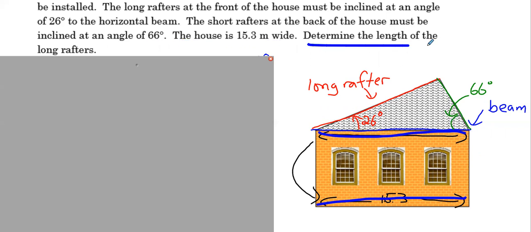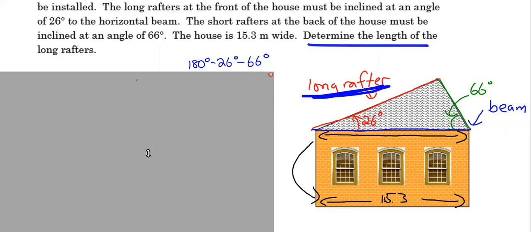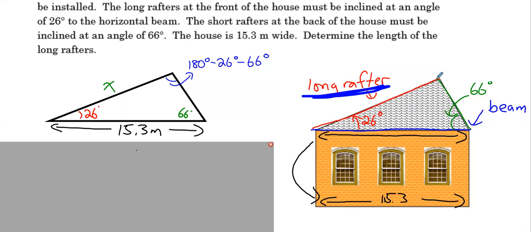You're asked to determine the length of the long rafters. So you have to find this length in here. So drawing a reference diagram for just the roof, just that triangle right here. And you can use whatever letters you'd like. So we have the 26 degrees and the 66, just like in the picture over here.